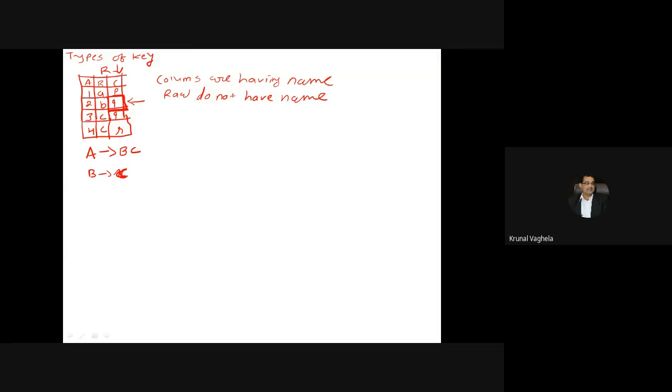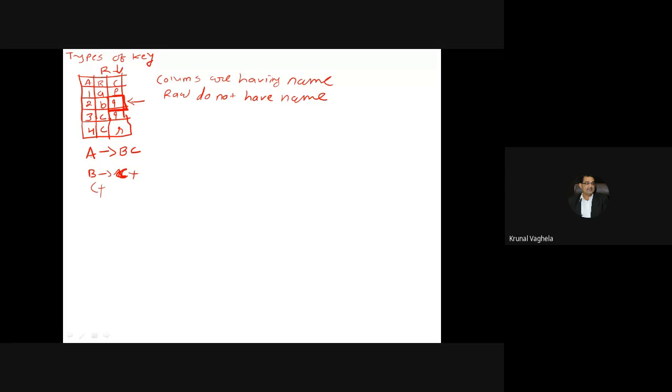So if I talk about a key, the value should not be repeated. So B will not alone act as a key. Let's take C. But C is also P, Q, Q, R. So the value of C is also repeated. So C cannot work as a key. So can my A work as a key?